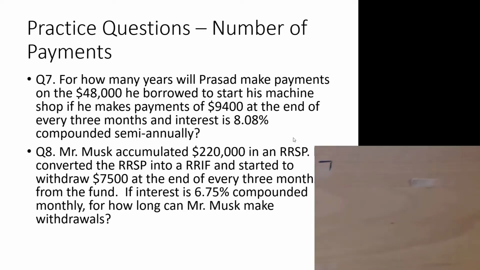And number of payments is tricky, not hard in the sense that the calculations are hard. The calculations are the same as every other calculation we've had, right? The tricky part is, what does N represent? N represents the number of payments.